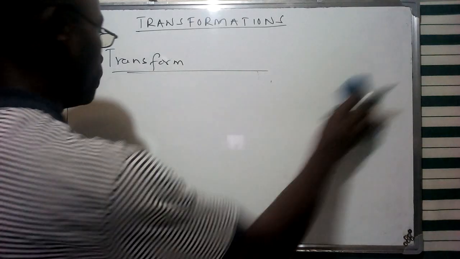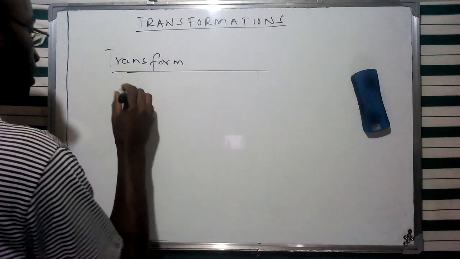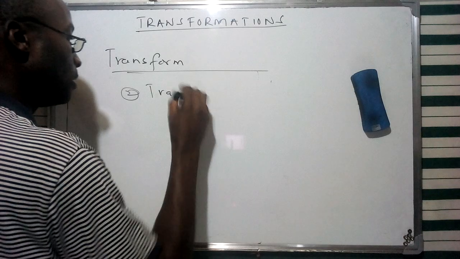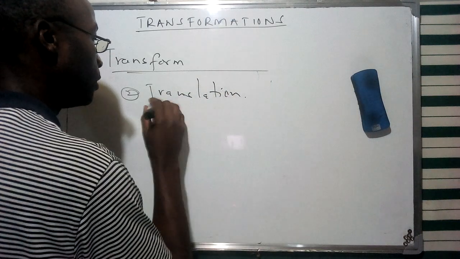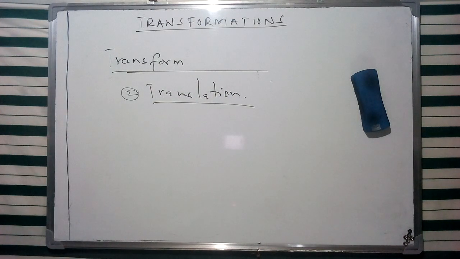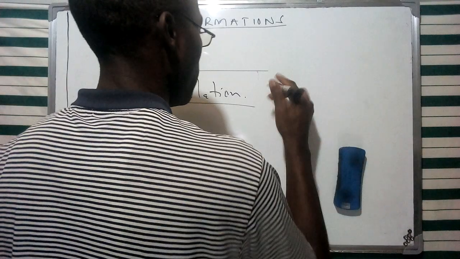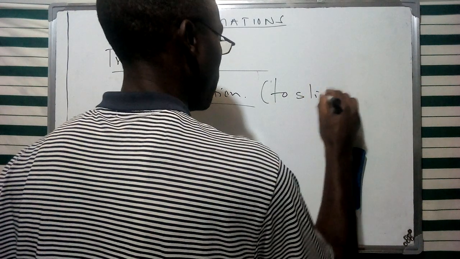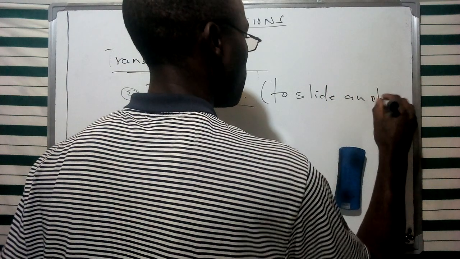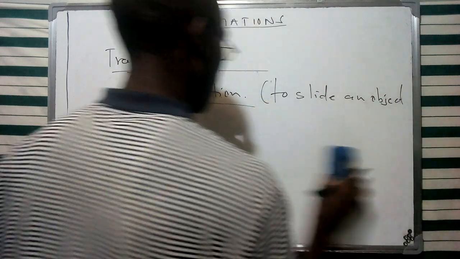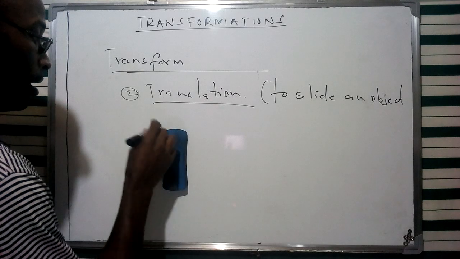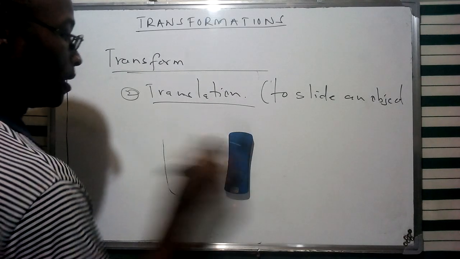Next, we're going to look at the concept of translation. Translation as a form of transformation refers to sliding an object. I can have this specific object at this specific point and slide it.